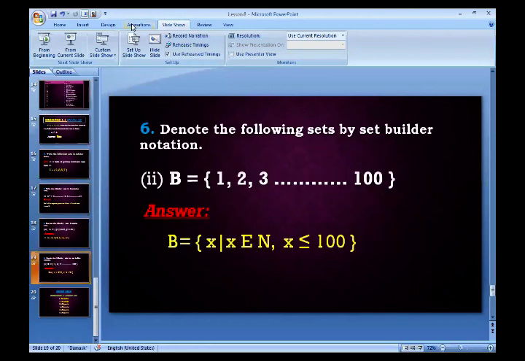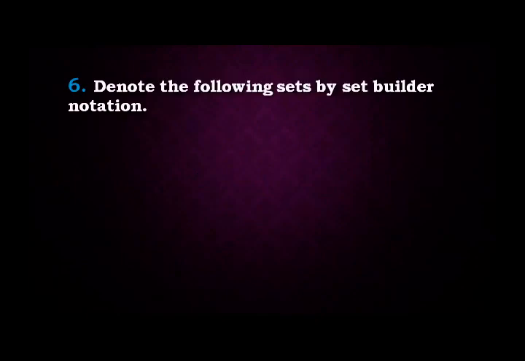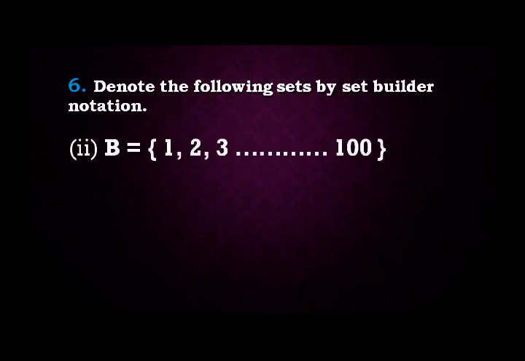The last question, question number 6. Denote the following set by set builder notation. We have B equals 1, 2, 3 up to 100. As we all know, these are natural numbers which start from 1 and the last value given is 100. So how will we write it in set builder notation?